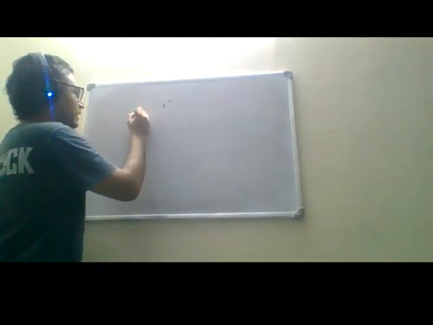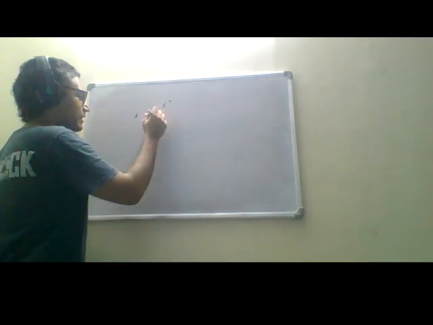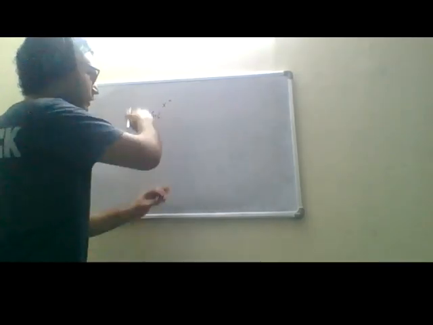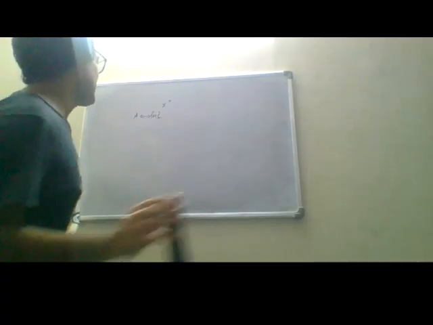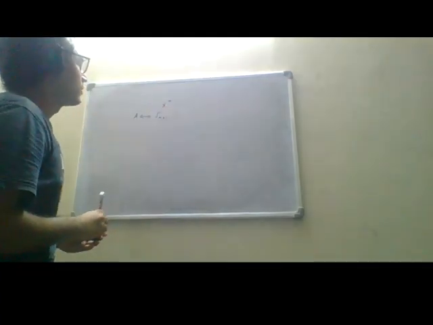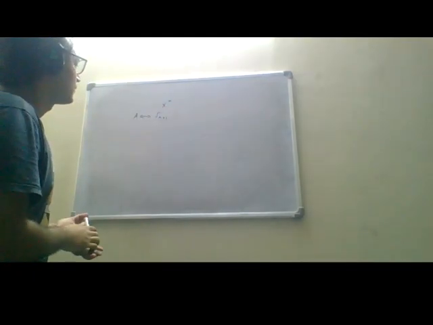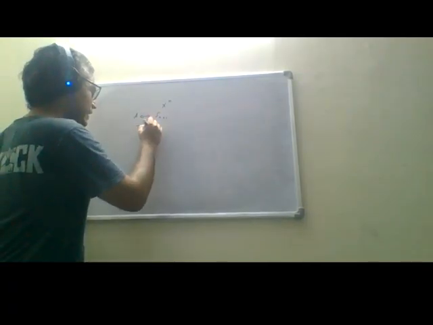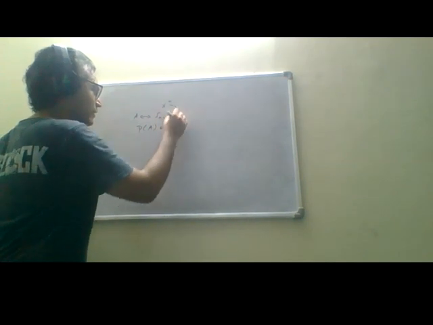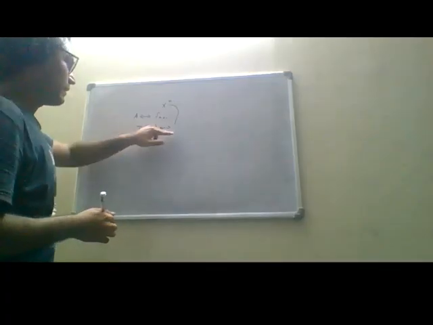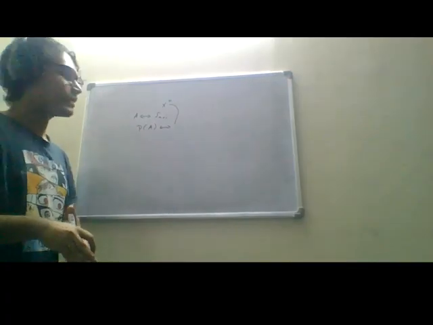Now A is finite, therefore it has cardinality n. So given that, power set of A has a bijective correspondence with x to the power n, and x to the power n is finite. So power set of A is finite. And we're done.